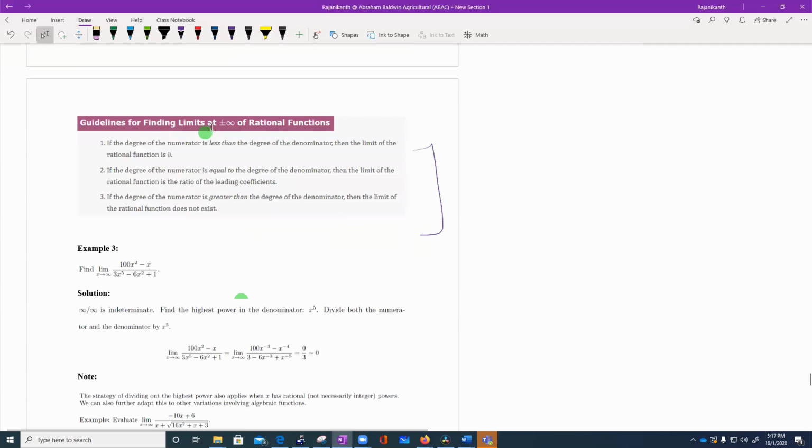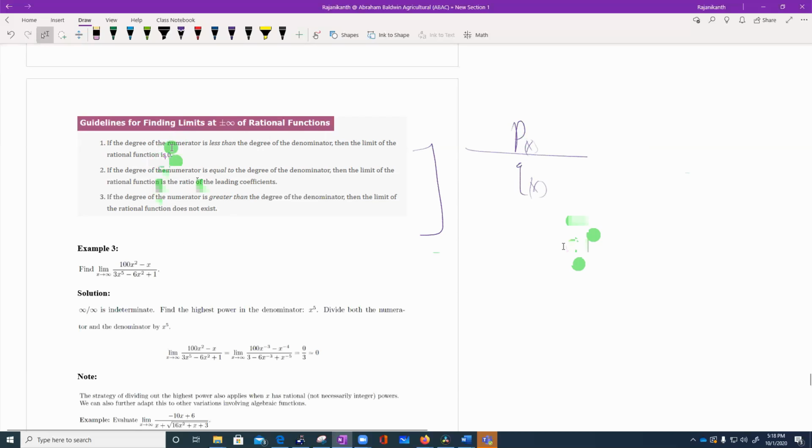Now look at these guidelines. If you want to find the limit at infinity or negative infinity of rational functions, what do we mean by rational functions? Rational functions means you have one function in the numerator and another in the denominator. If this is the case, follow these steps.